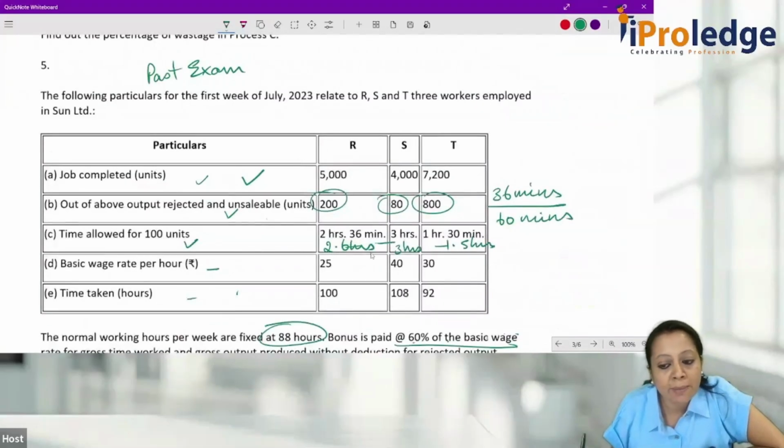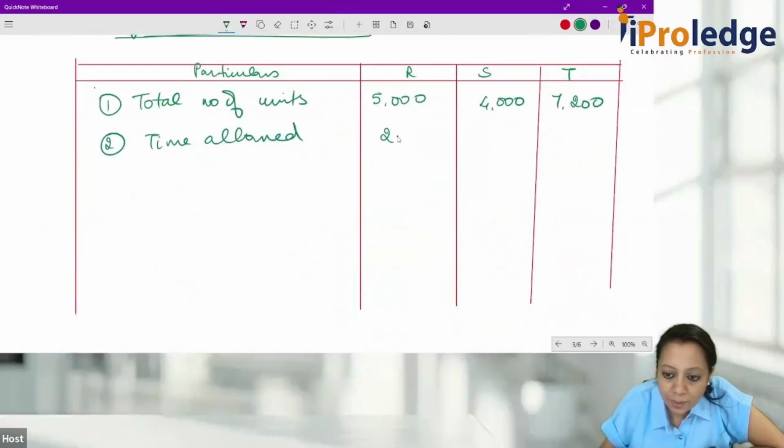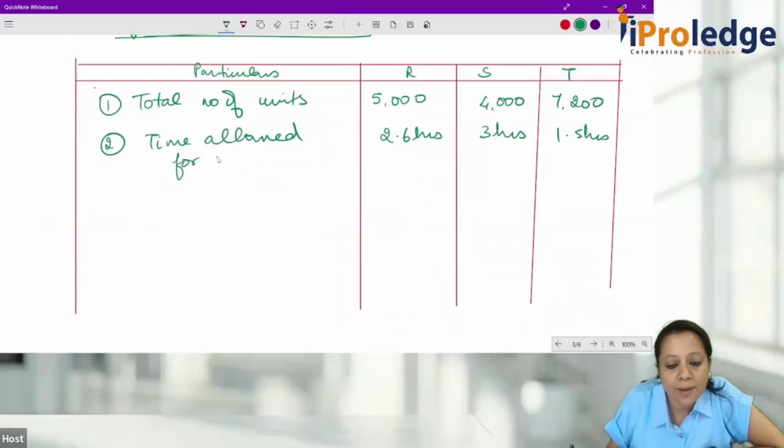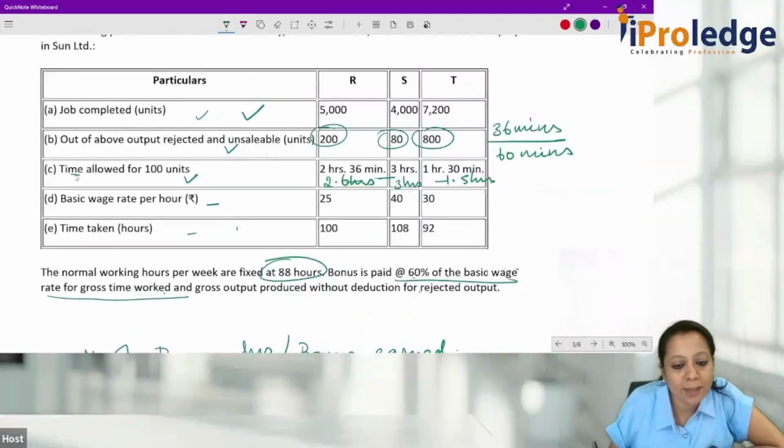So we did it and kept 2.6 hours, 3 hours, and 1.5 hours. This is for 100 units. Remember everyone, it's given here in point C for 100 units.